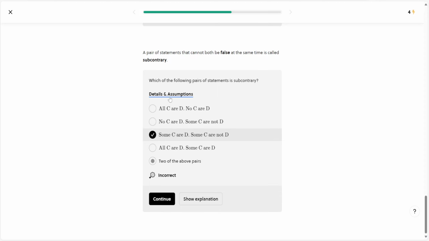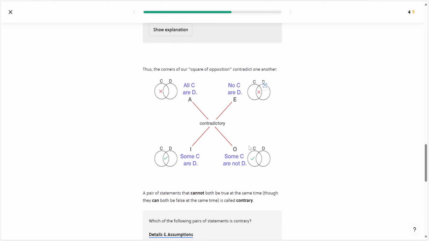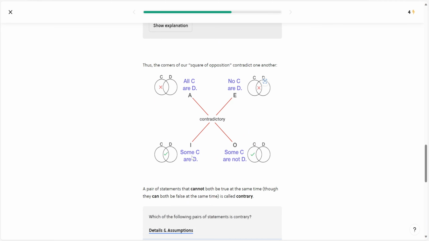What was the question? Which of the following pairs of statements is subcontrary? A pair of statements that cannot be false at the same time is called subcontrary. Some CRD, some CR not D. Oh, I think my head's exploded.